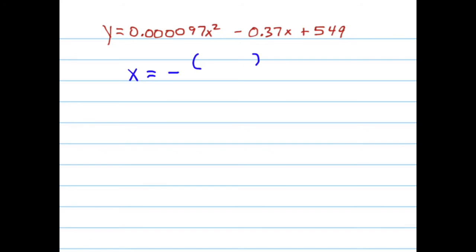Negative 0.37. And what's a? 0.000097. So what do we get when we calculate that out? What's our x value?